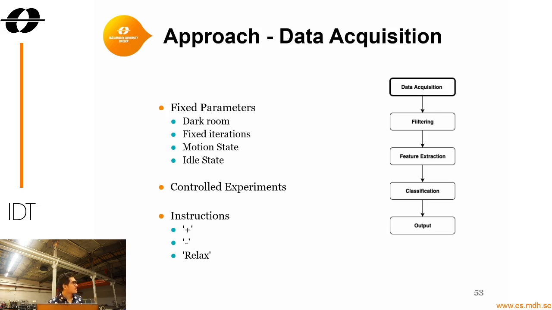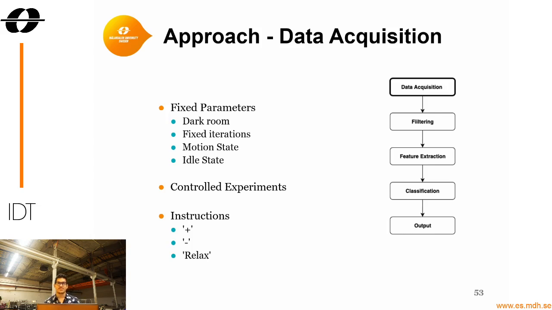It was isolated, and the subject sat alone in the room to avoid visual and audio disturbances. We have a fixed amount of iterations, and to perform the experiment, we asked the subject to not take any substances that could affect the brain activity.